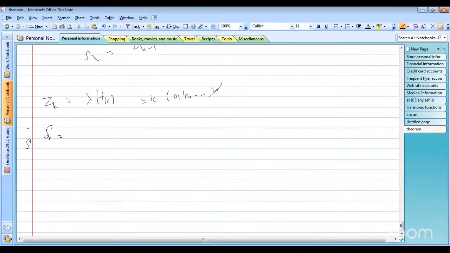L star is equal to the summation from k equal to 1 to n of the modulus of zk minus zk minus 1. Therefore, we are taking here zk minus zk minus 1.